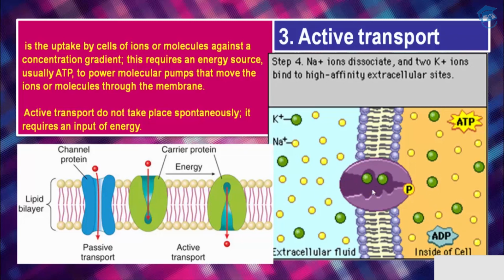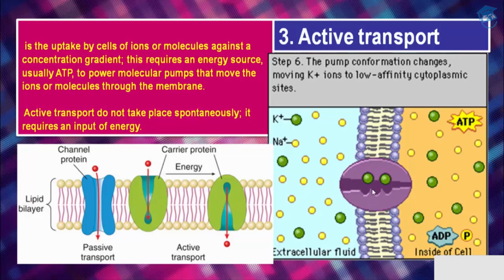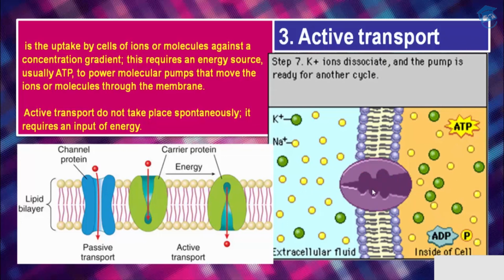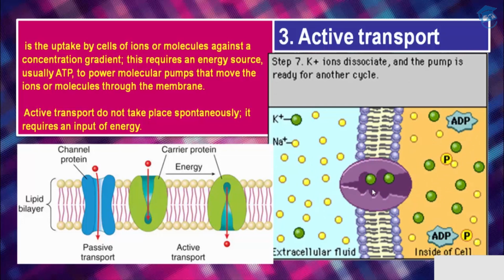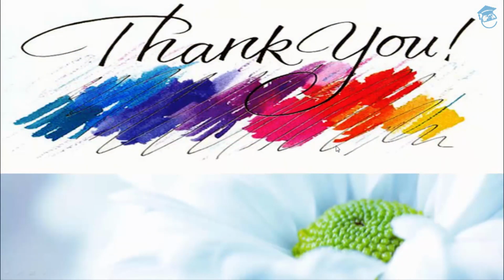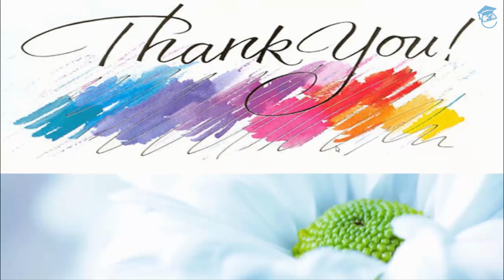So this way 3 Na+ ions are exchanged with 2 K+ ions. So this was about active transport, and this was all about the translocation of solute.